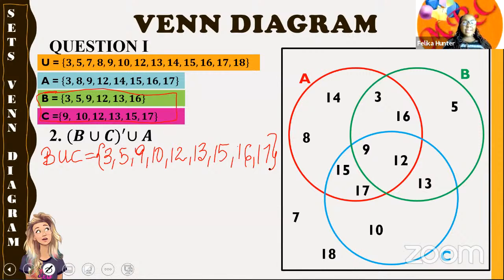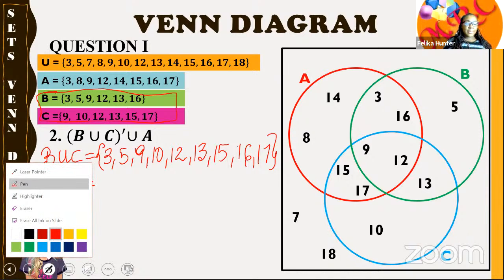So now we're going to add the next part to it. B union C complement. That is everything that is not in this group that you just listed.